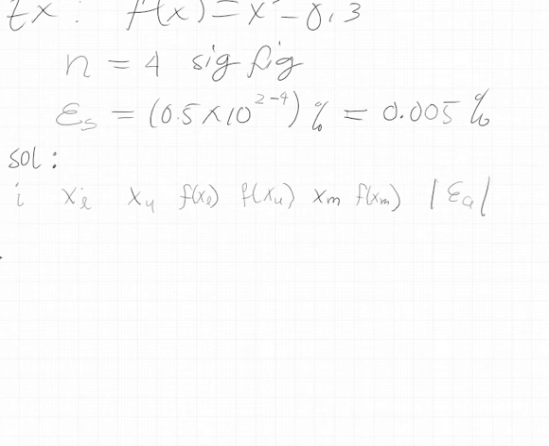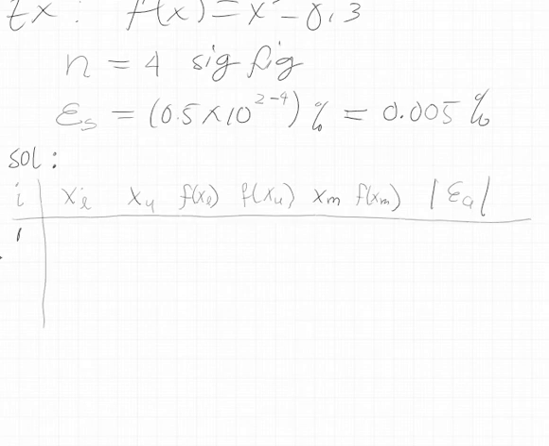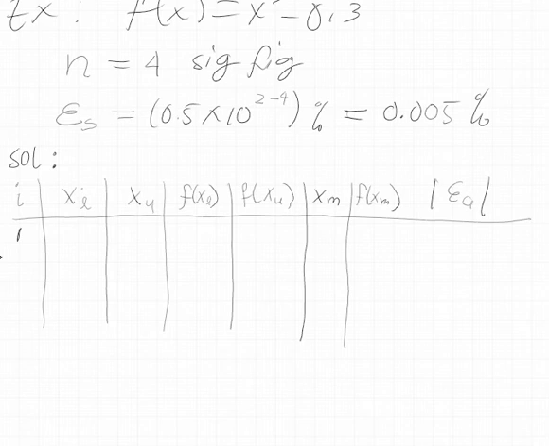Okay, so first iteration, number 1. What should be our initial values for our initial guesses, XL and XU? So we solved this before in the first incremental search.